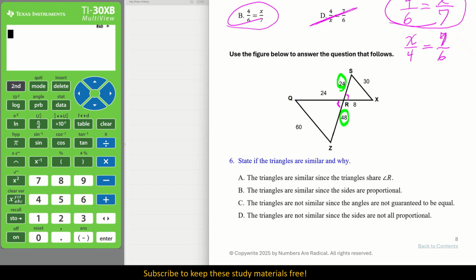And let me go with this blue. Well, if that's the case, then 8 corresponds with 24. And then we know, of course, naturally that 30 would have to correspond with 60.